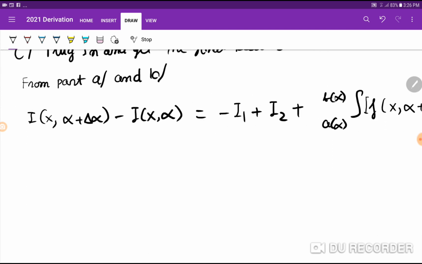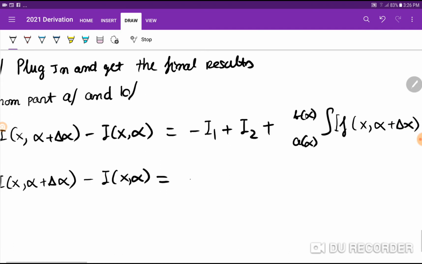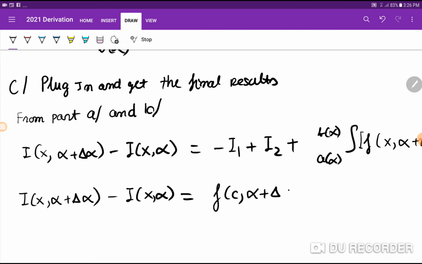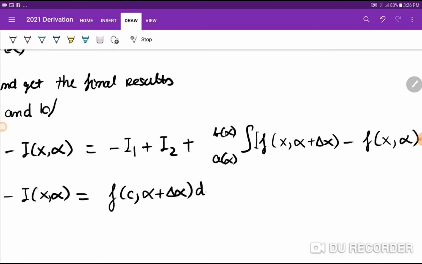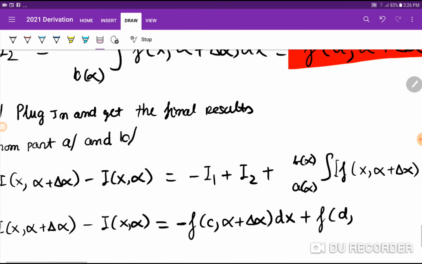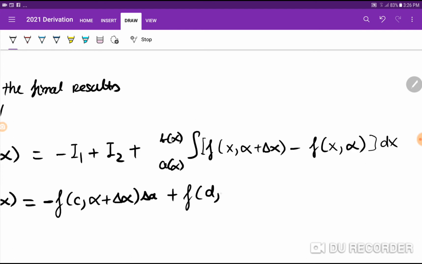Okay, so I x alpha plus delta alpha minus I x alpha equal, what is our I1? I1 is f c alpha plus delta alpha delta a minus f c alpha delta a, the integral of f x dx.